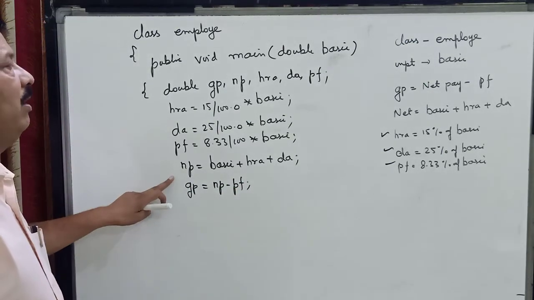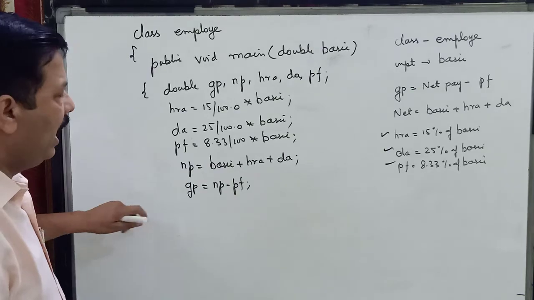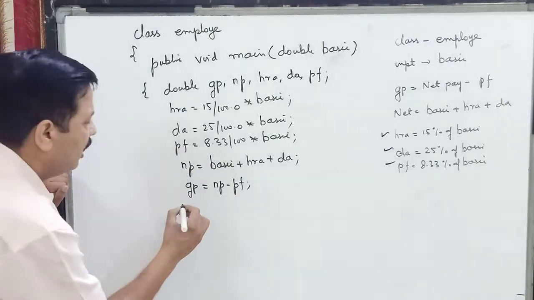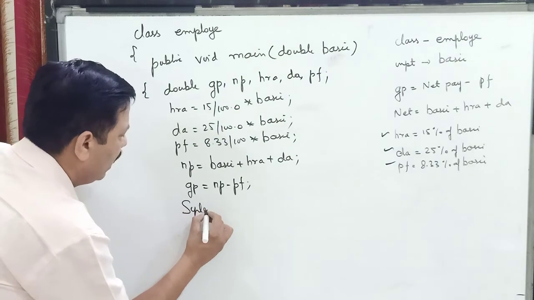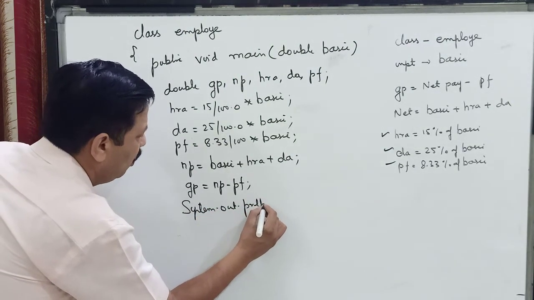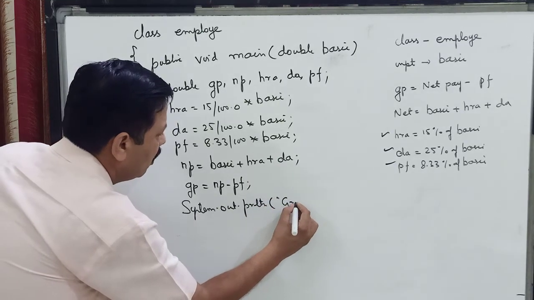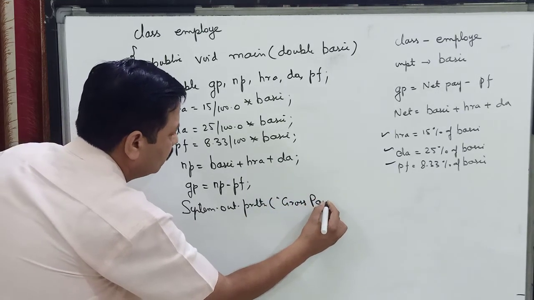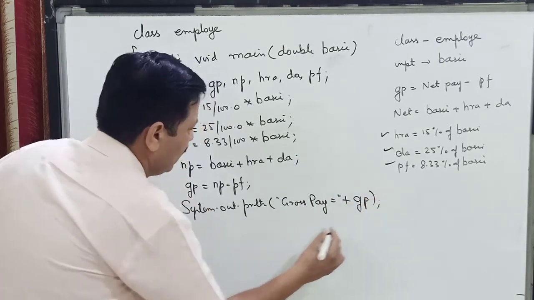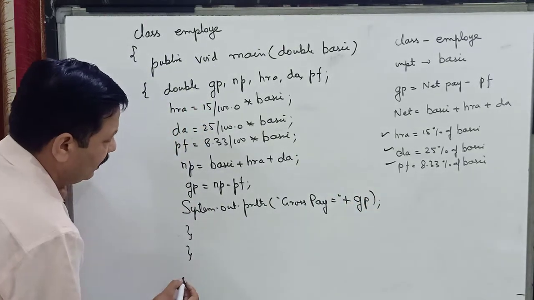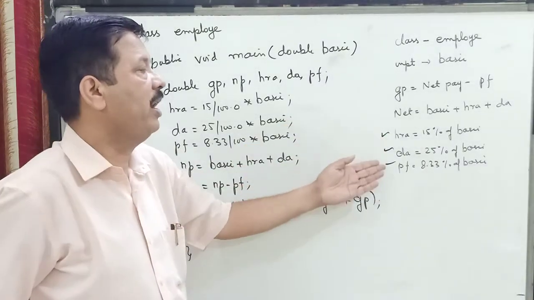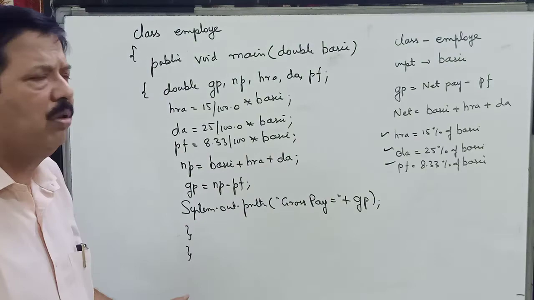So all these calculations I have done over here, and now it is asking you to just print the gross pay. So my output statement will be just one statement to print the gross pay, and that is G. And children, if this program would have asked you to print other values like basic, HRA, DA, PF, then you have to print all those variables.